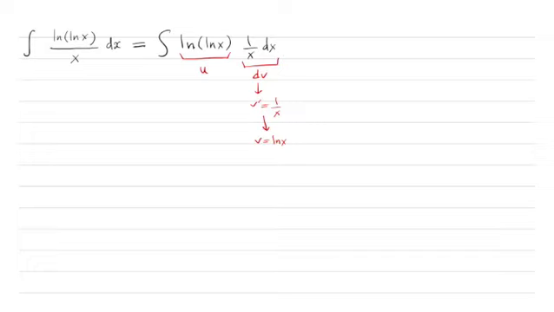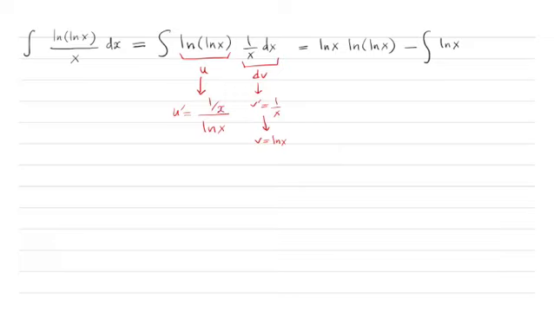So if we use this, the integral of u dv is uv, so ln of x times ln of x, minus the integral of v du. Well, v is ln of x. What is du? Well, du is just u prime dx. What is u prime? U prime is the derivative of ln of x. Well, the derivative of the outer ln is 1 over whatever is inside it, so that's 1 over ln of x, and the derivative of the ln inside is 1 over x.